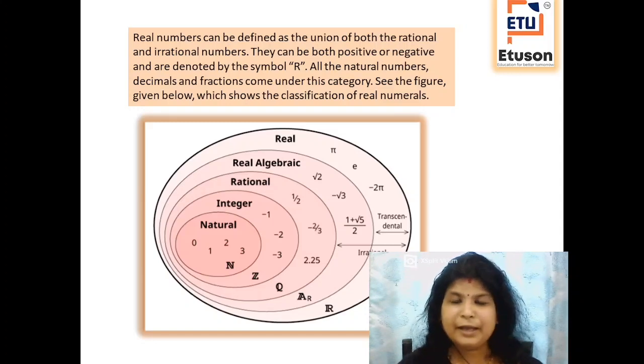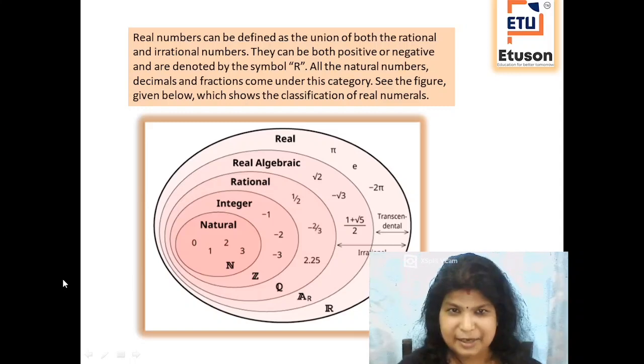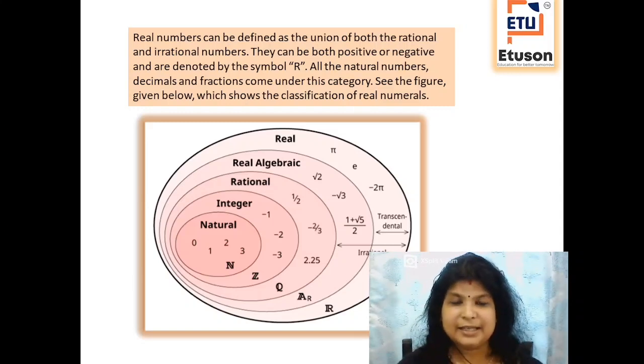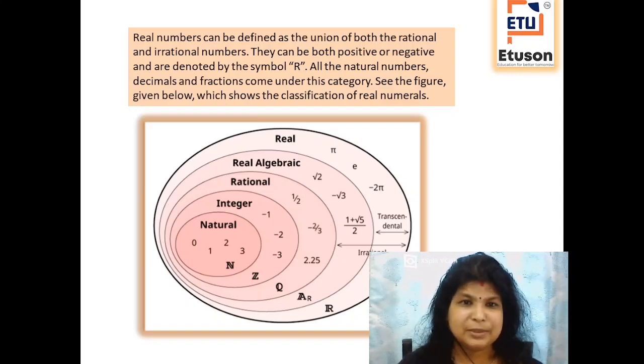So what is a real number? Real numbers can be defined as the union of both the rational and irrational numbers. They can be both positive or negative, and are denoted by the symbol R. All the natural numbers, decimals and fractions come under this category.